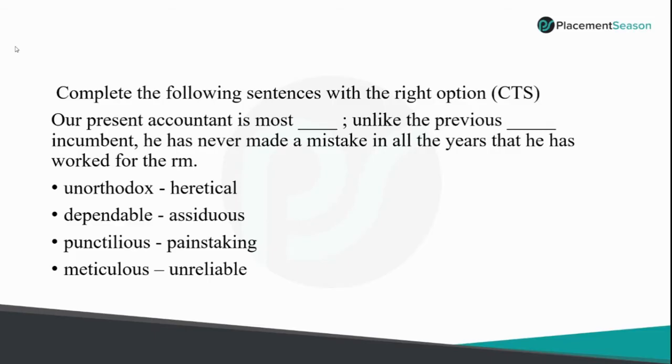Our present accountant is most dash. Unlike the previous dash incumbent, he has never made a mistake in all the years that he has worked for the firm. Unorthodox, heretical, dependable, assiduous, punctilious, painstaking, meticulous, unreliable.